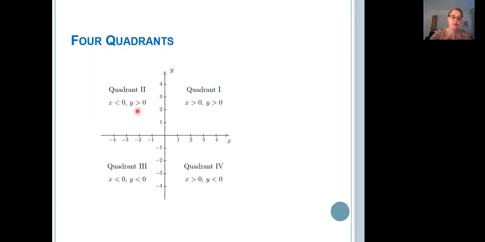In this quadrant, every point will have a negative x-coordinate and a positive y-coordinate. Move to quadrant 3. In quadrant 3, both the x-coordinates and the y-coordinates are negative. And then quadrant 4: the x-coordinate is again positive, but the y-coordinate is now negative. I just want you to know which quadrant is which, so that we can talk about our regions in space. So we start in the upper right-hand corner and move counterclockwise: quadrant 1, 2, 3, and 4.